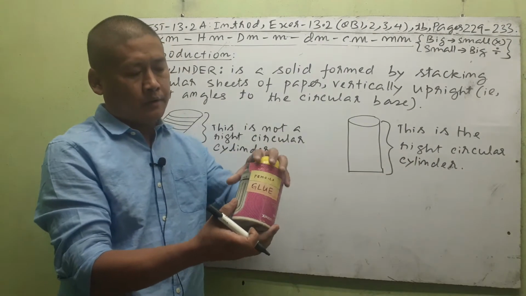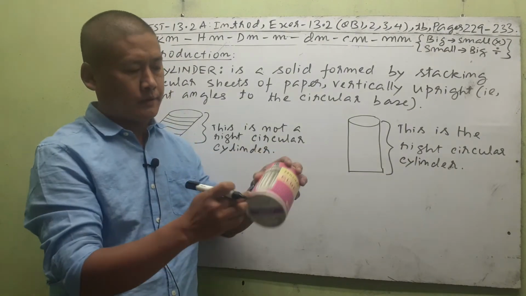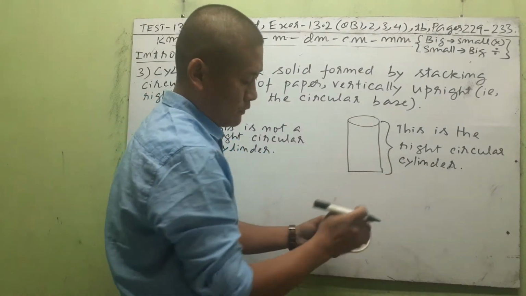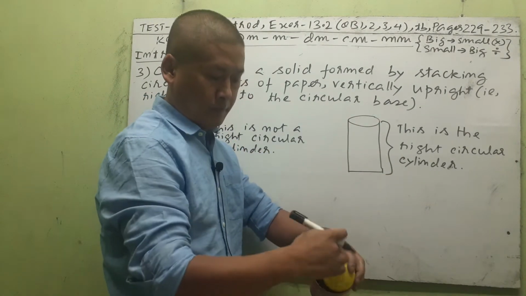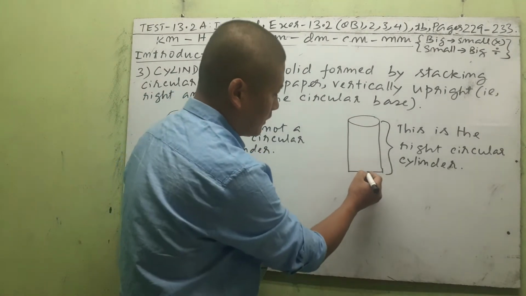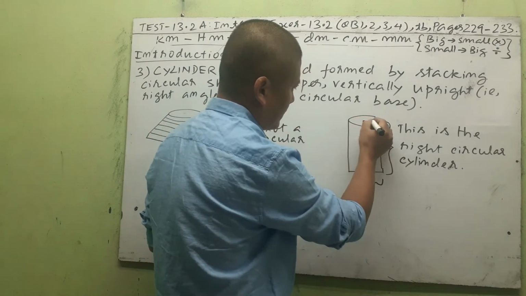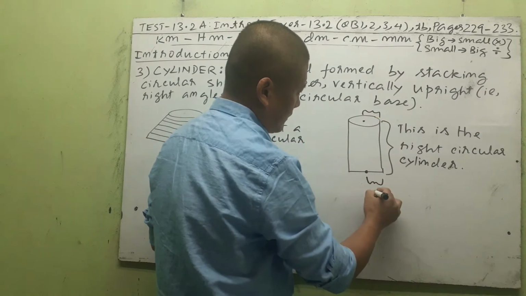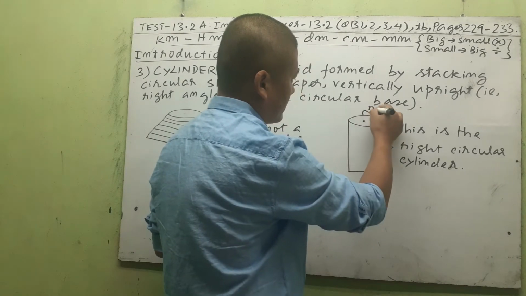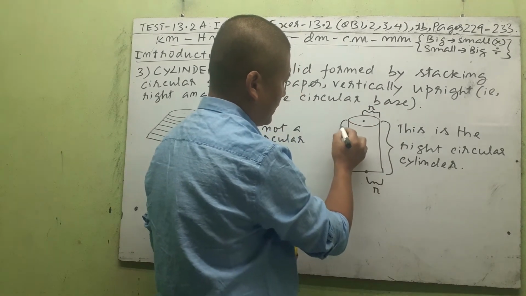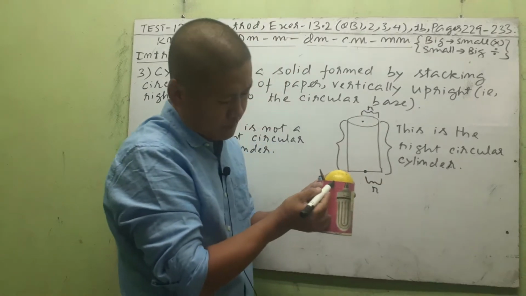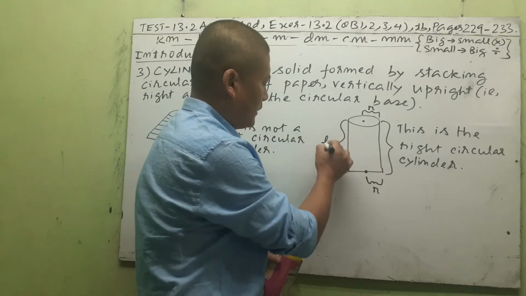Both ends have circle ends like this, the top circle and the bottom circle. The radius of that circular base, or the top radius, is called the radius of the cylinder. The height, measured from here to here, is called the height of the cylinder.